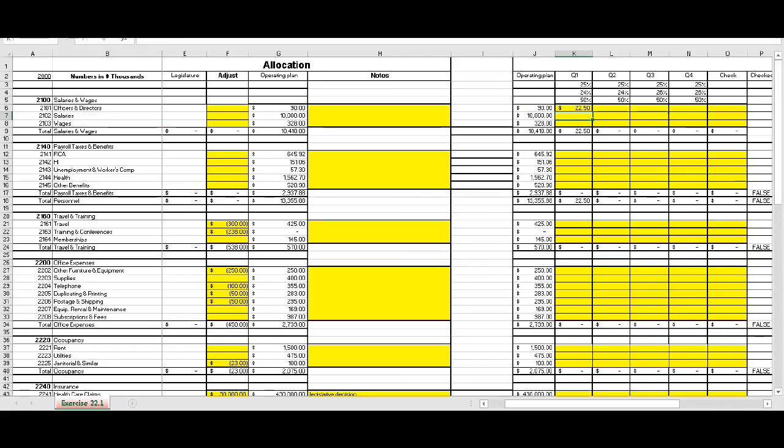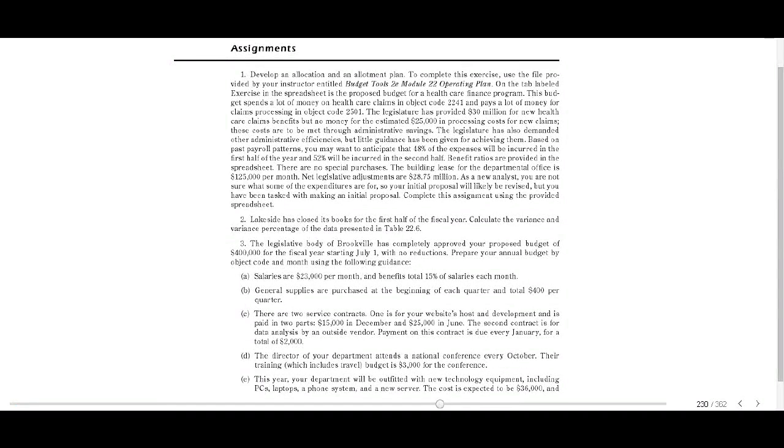Now, salaries, here's where things get interesting. When it comes to salaries, you're going to do equals K4, right? K4, which is the 24%. Remember here, it says 48% of your salary expenses are going to be in the first half of the year, 52 in the second.